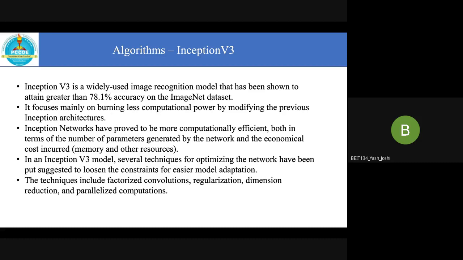The main feature of Inception V3 is that it burns less power, and it focuses on going wider instead of deeper. Most neural networks focus on going deeper to find the features, but Inception V3 focuses on going wider, which makes it efficient as well as economical.